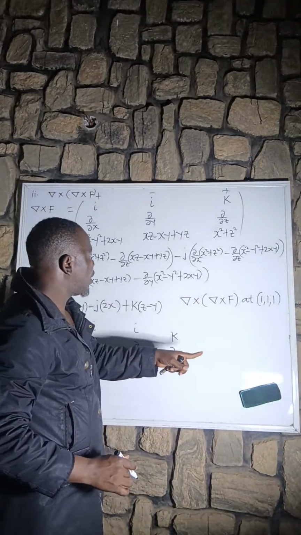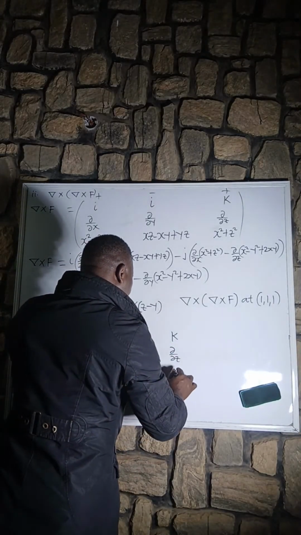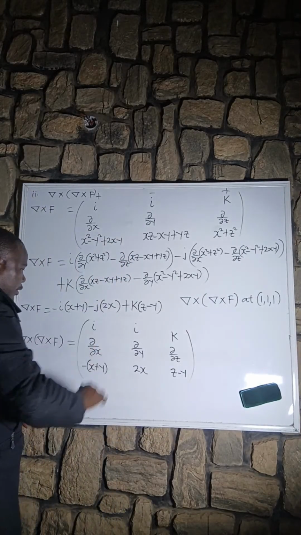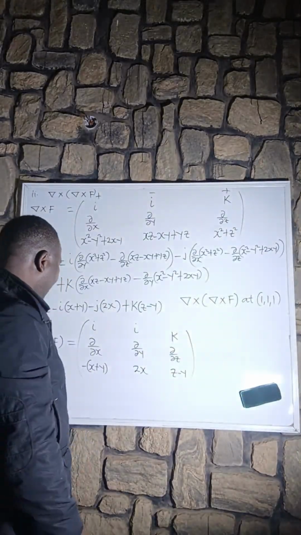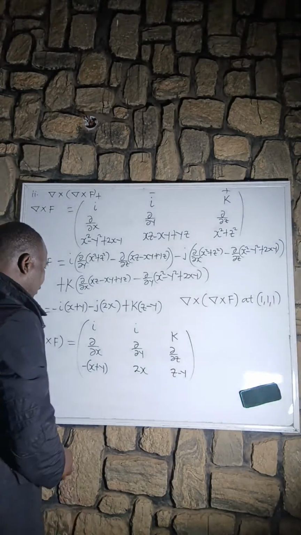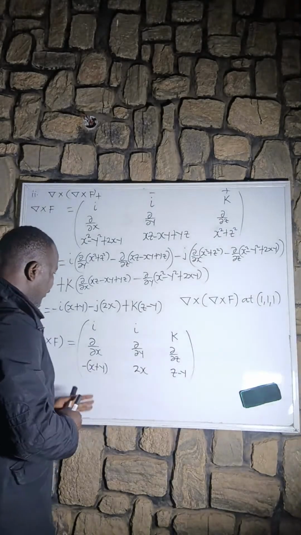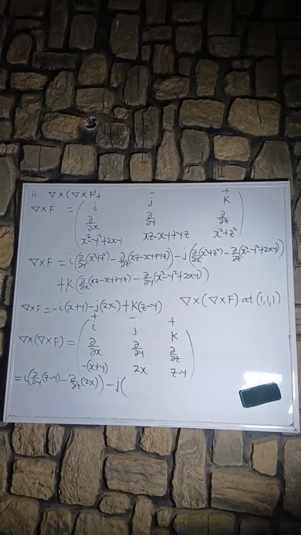Then our k component is z minus y. Let's bracket it. Are you following? It's okay. So if you agree with me, we are going to do the same thing. It means to take the determinant of this matrix. That is one.